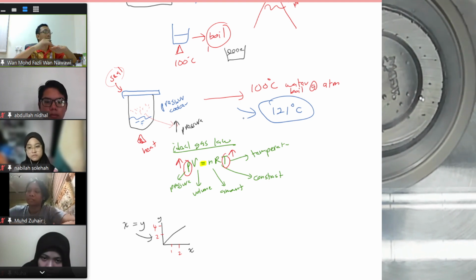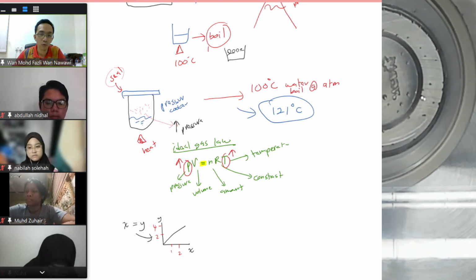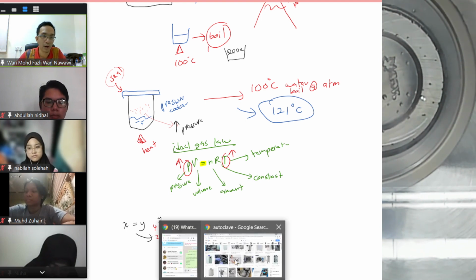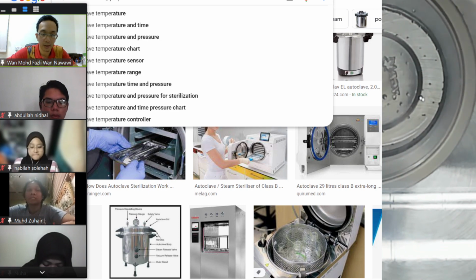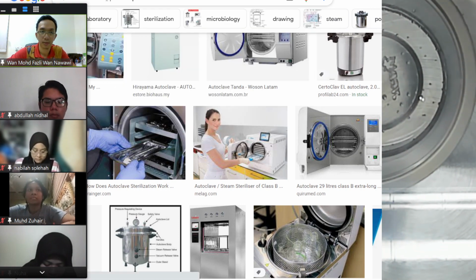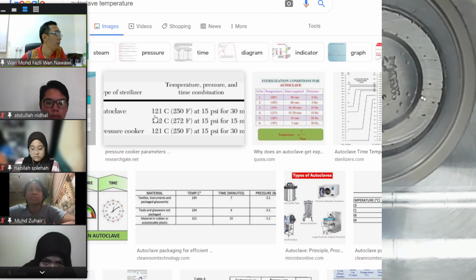And then after 100 it becomes steam. If you want to keep the water liquid beyond 100 Celsius, you need to put it into a pressure chamber or pressure cooker. That's why if you Google autoclave temperature, you can see something like 120C.